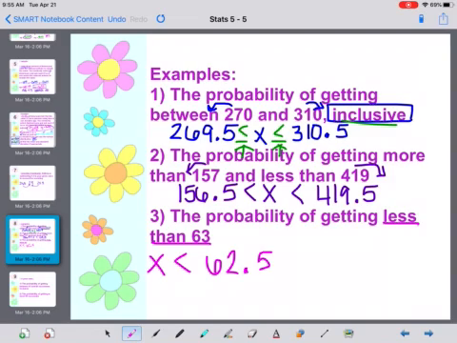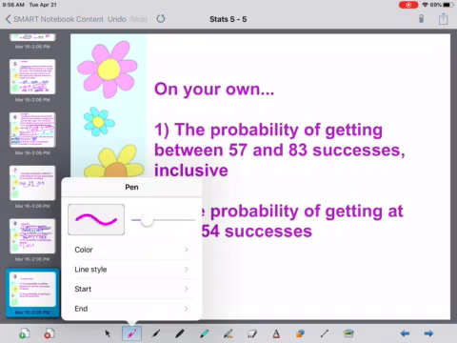Since we were going down, we had to drop below 63 by 1/2. And since it's strictly less than, not less than or equal to, you don't put the equal to sign on your inequality. The ones on your homework are all just matching, so hopefully you can figure them out pretty easily.